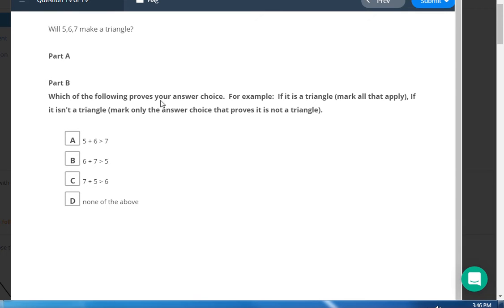Okay, does this one make a triangle? Basically, let's see. 6, 5, 6, 7. 5 and 6 is greater. I think we're good.